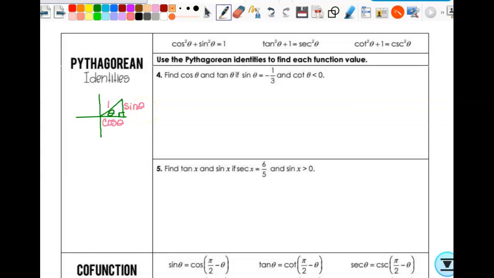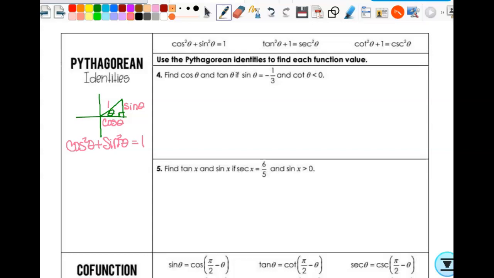Pythagorean theorem says a squared plus b squared equals c squared, so cosine squared theta plus sine squared theta equals 1. That's your first Pythagorean identity up there.